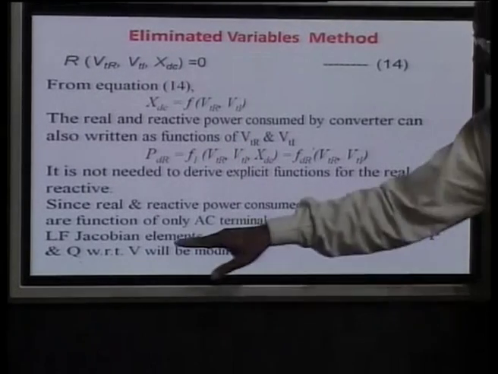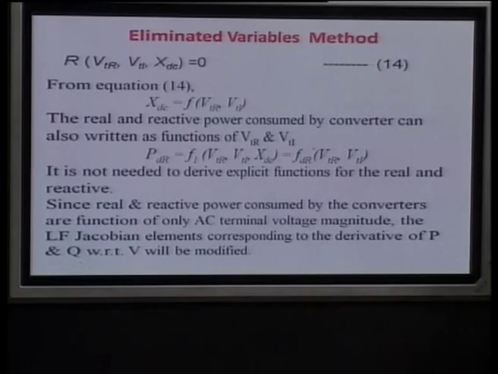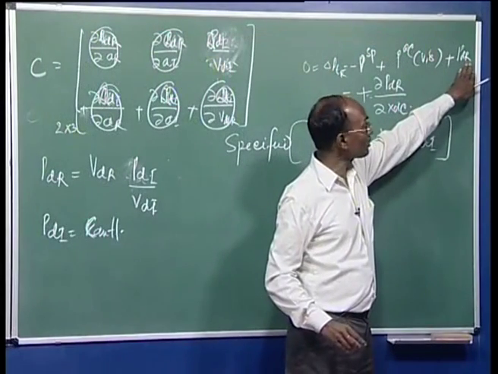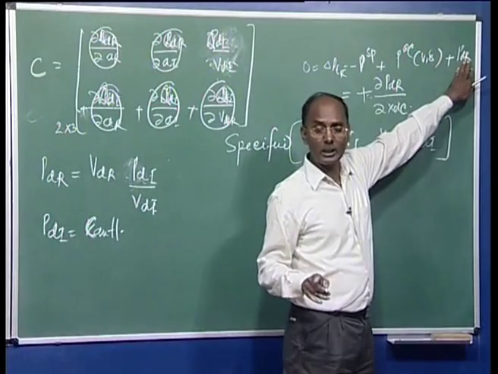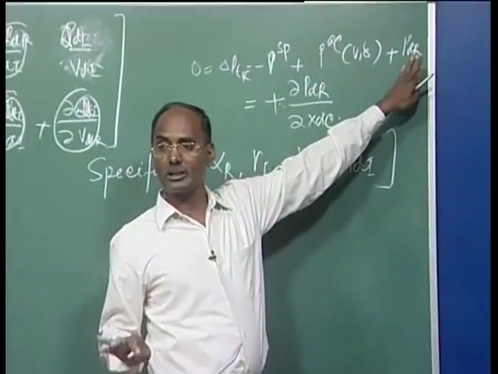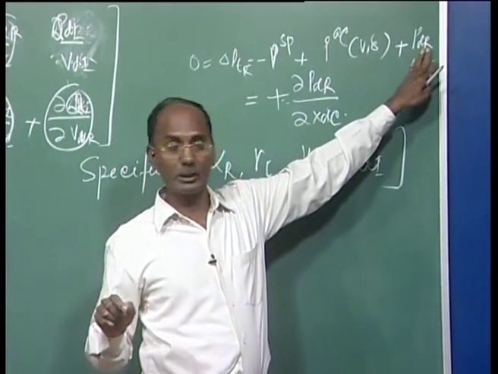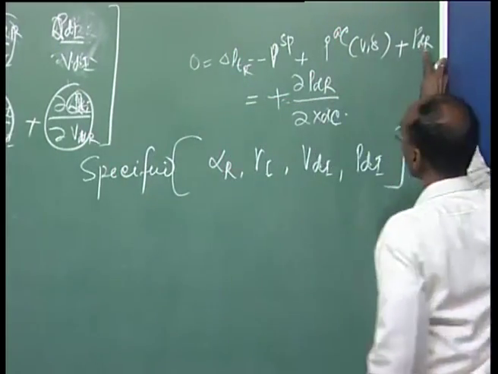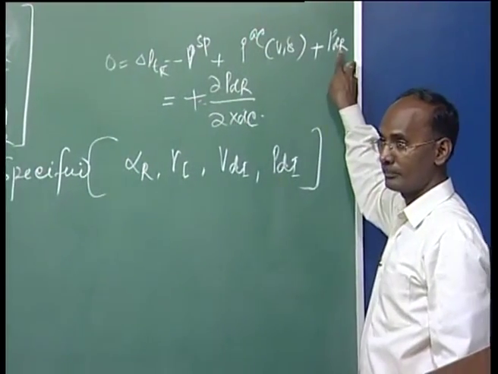So, we will see in the normal Jacobian what is happening, because I wrote this equation here. Now, this is also going to be a function of VTR and VTI. XDC we have eliminated from equations 1 to 3. So, this also has the AC, and then you can differentiate this.